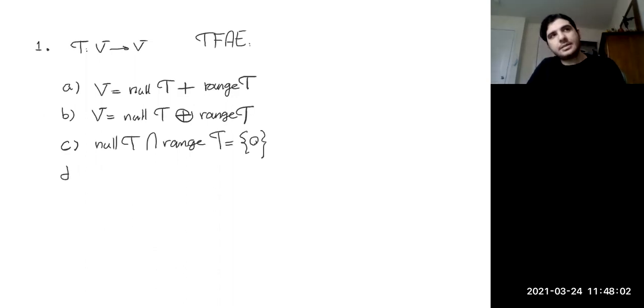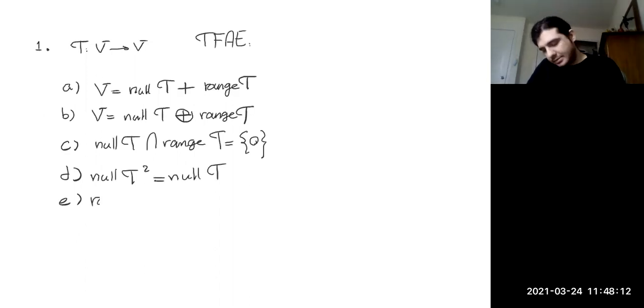Part D says null of T squared equals null of T. And finally, part E says range of T squared equals range of T.